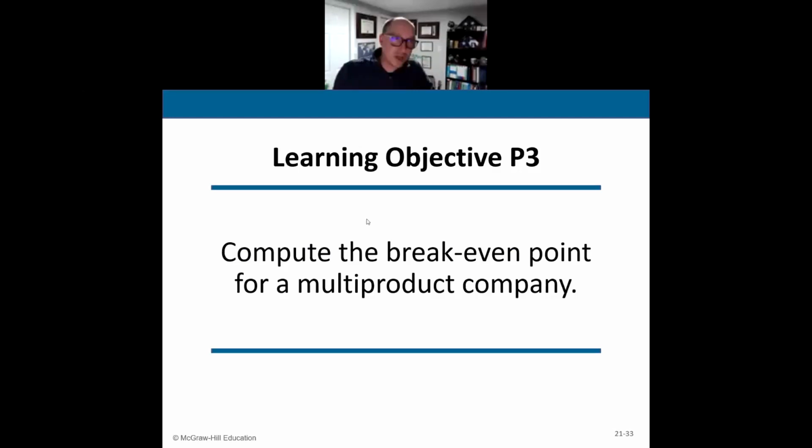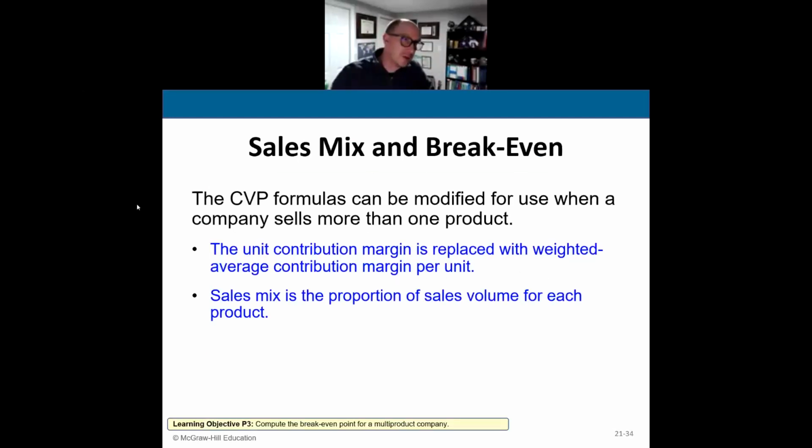The example I believe that the textbook gave was about haircuts. So you got the basic cut, the deluxe cut, the super cut, or whatever it's called, different types of haircuts. Those different types of haircuts we included in what we call the sales mix for the company. And we can find the break-even point based off of that sales mix.